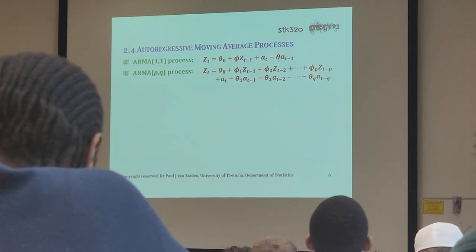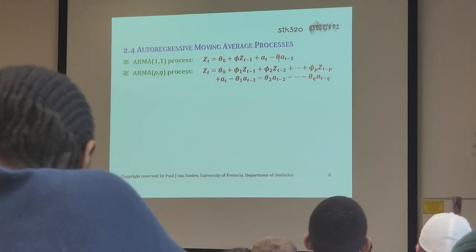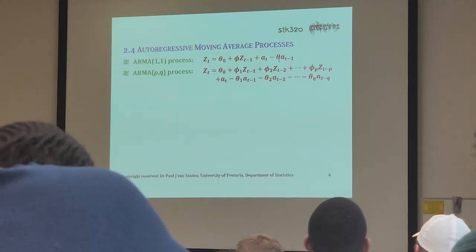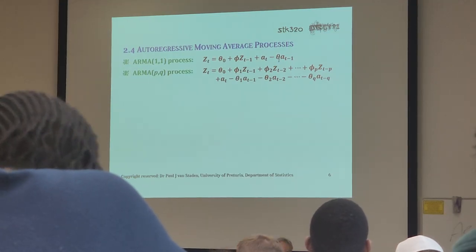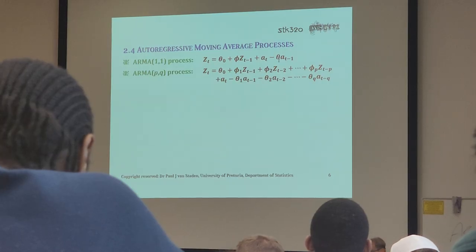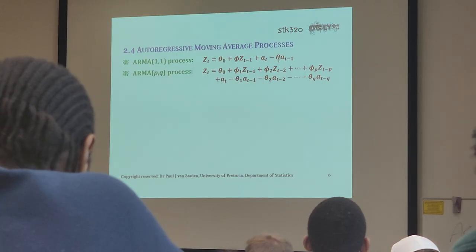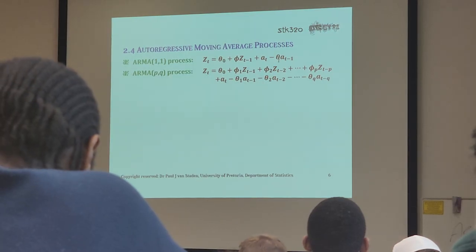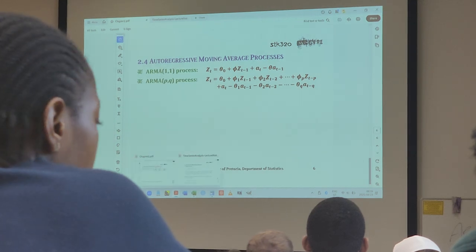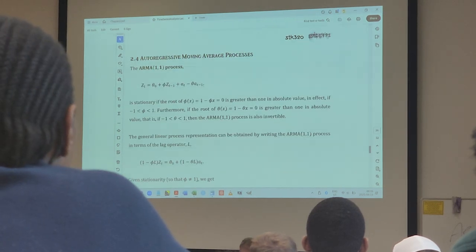Now, autoregressive processes are always invertible, but we need to restrict the parameters for stationarity. Moving average processes are always stationary, but we need to restrict the parameters to get invertibility. When we work with ARMA models, you have to restrict both phi and theta. I have it in the lesson notes because it is important.